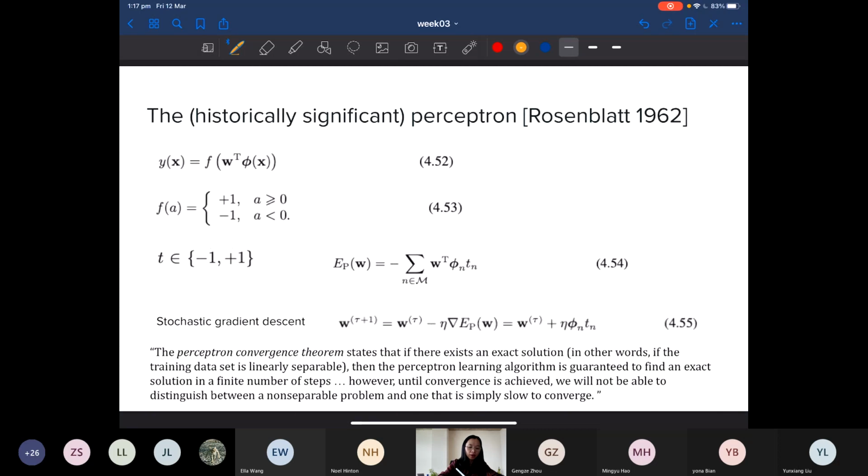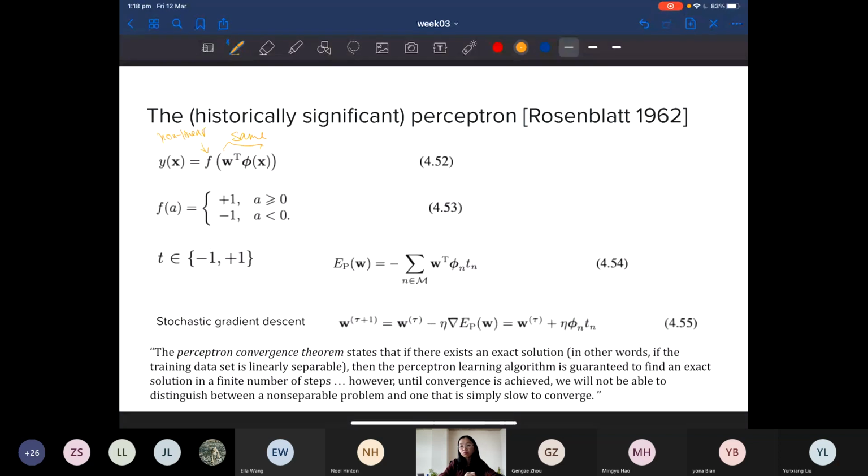So the W times phi of x part is the same as linear discriminant. The difference here is f. F is nonlinear, right? So we can introduce ideally arbitrary functional forms. And for the perceptron, which was proposed in the early 60s by Rosenblatt, the f function is a step function.